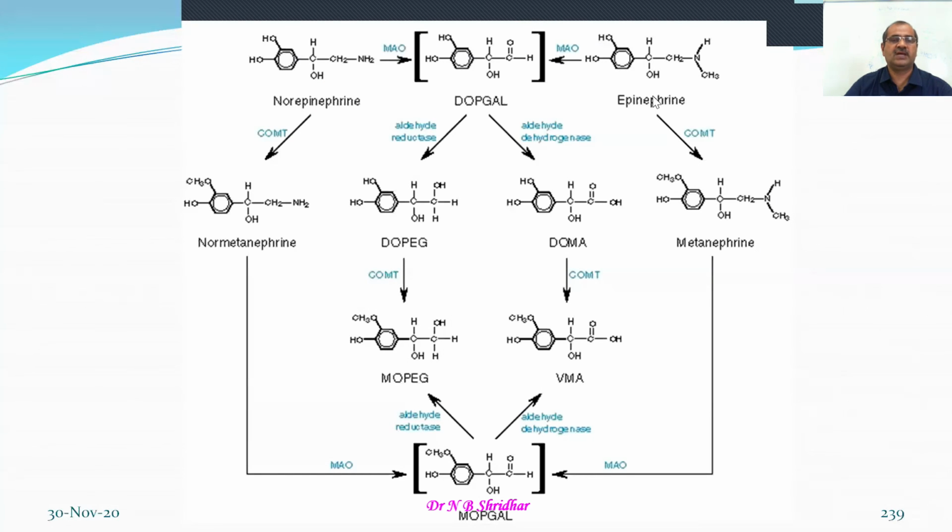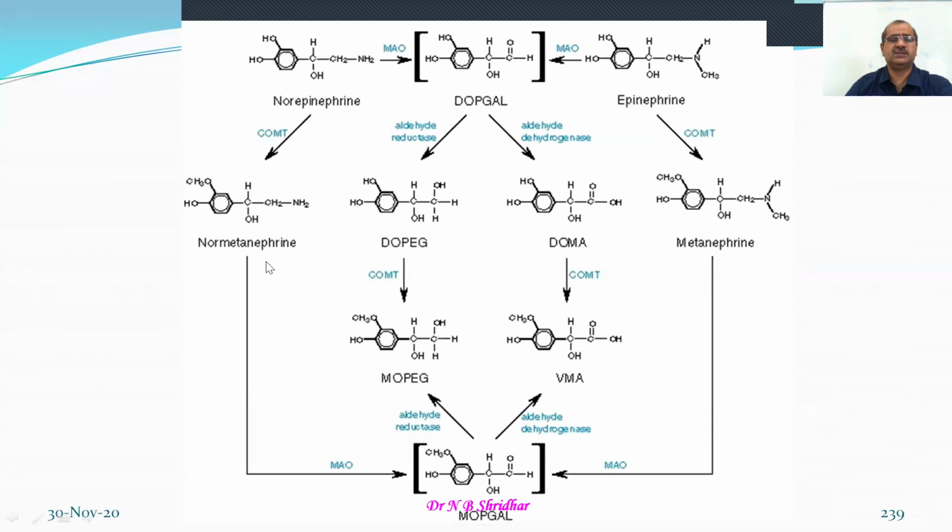The monoamine oxidase, especially on epinephrine, is also going to cause the DOPGAL. Whereas norepinephrine is acted on by catechol O-methyl transferase, and the methylation occurs here and it is converted to normetanephrine. Whereas epinephrine, in the presence of catechol O-methyl transferase, goes to metanephrine.